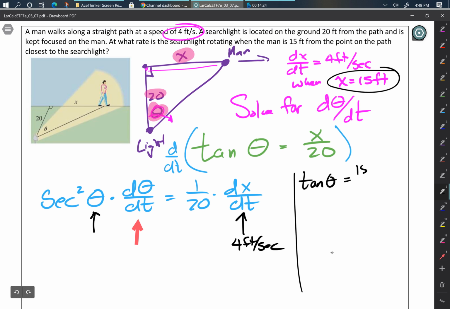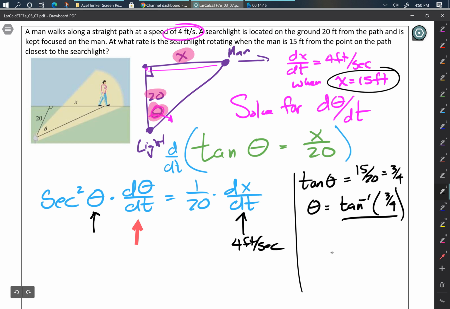Tangent theta is 15/20, which is 3/4. So that means that theta is the tangent inverse, arctangent, of 3/4.